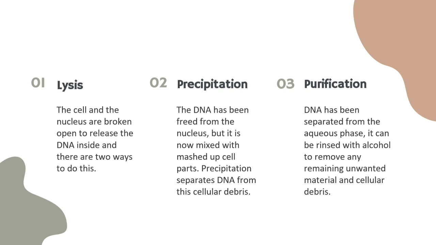First, sodium ions neutralize the negative charges on the DNA molecules, which makes them more stable and less water-soluble. Next, alcohol, such as ethanol or isopropanol, is added and causes the DNA to precipitate out of the aqueous solution because it is not soluble in alcohol.